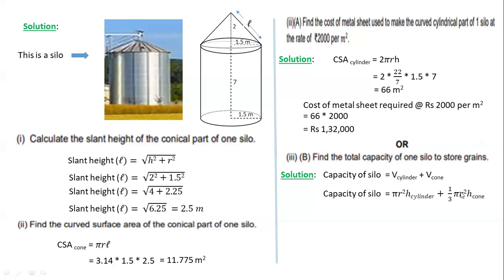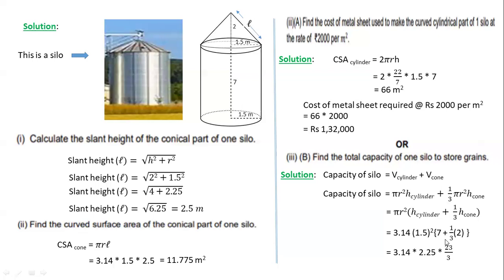Now let us take pi r square out common. It will be pi r square, height of cylinder plus 1 by 3 into height of cone. If you put the values: 3.14 into 1.5 square, into 7 plus 1 by 3 into 2. So 7 plus 2 by 3, you have to take the LCM here. 7 times 3 is 21, 21 plus 2 is 23, so 23 upon 3.